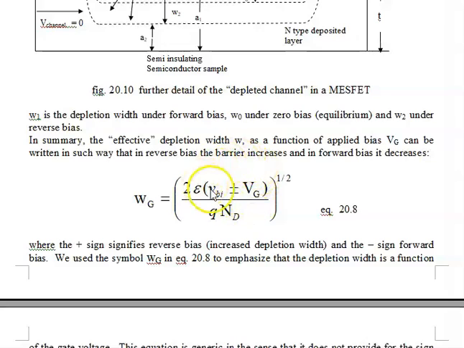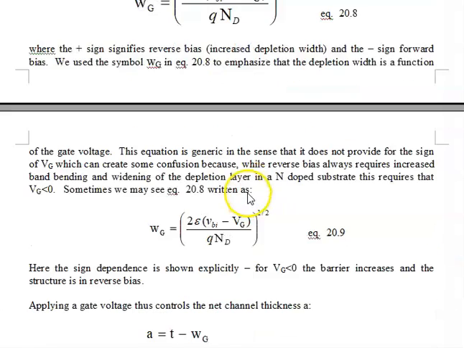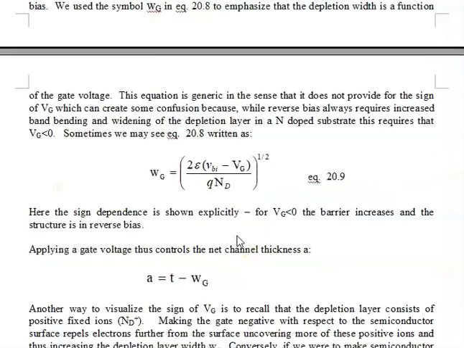This is not that clear with the plus minus. However, here it is, at least for N-type semiconductors, explicit. If VG is negative, then this term becomes positive, and WG is bigger. If VG is positive, then the depletion region shrinks. So you can see it explicitly.